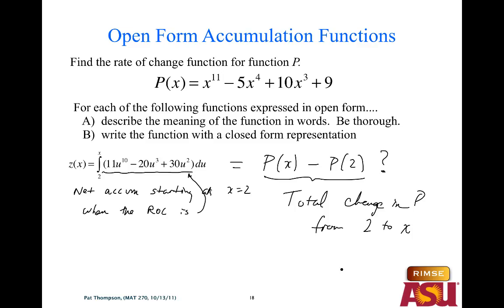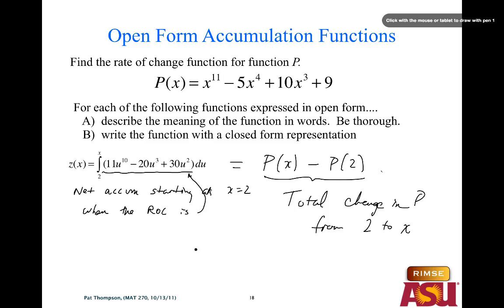Yeah, because that's the rate of change of p. So this is the amount function that has that rate. So the total change in amount is the same as the accumulation from 2 to x at its rate of change. So yes, it is.